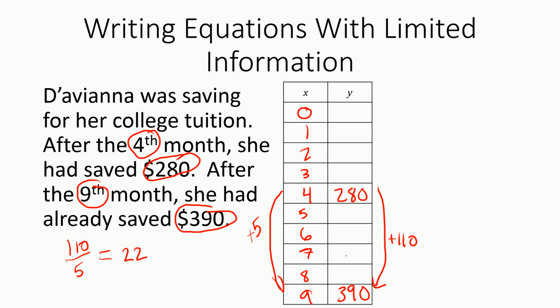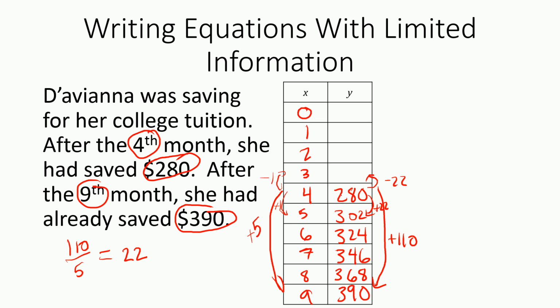So we can fill in the gaps here by adding $22 each month. $22 more is $302, $324, $346, $368, and then plus 22 gives me $390. But that also means that if I go backwards, I can subtract 22 because I moved backwards 1 month.